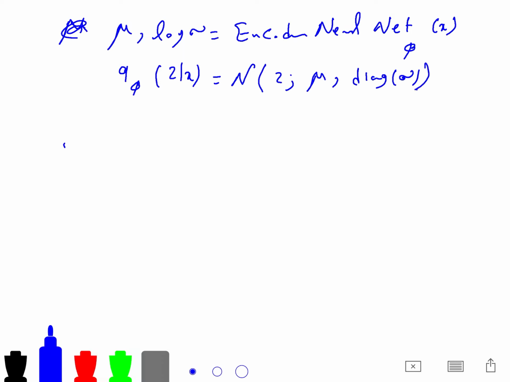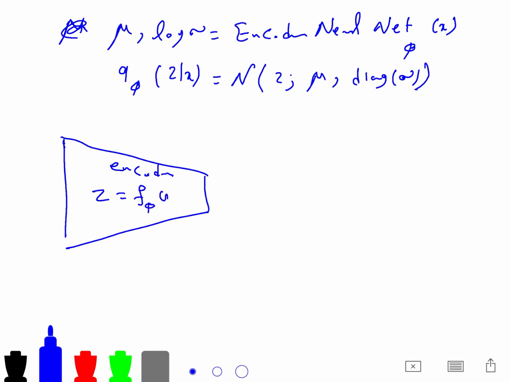So the model of the encoder, z is equal to f of phi of x, and then you have some mu here.